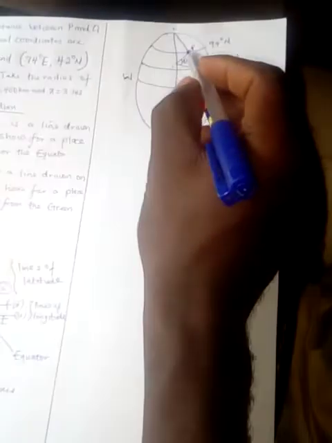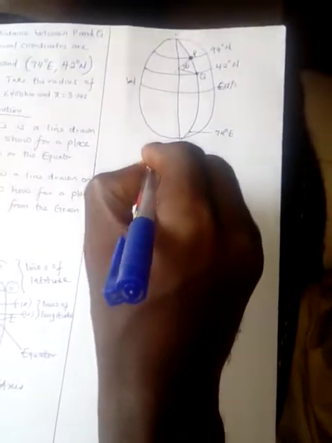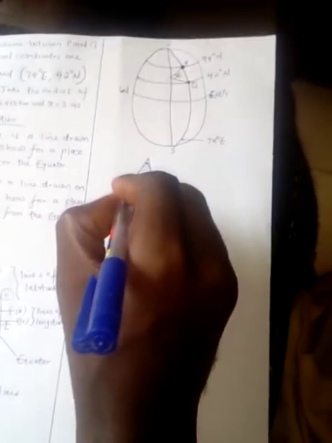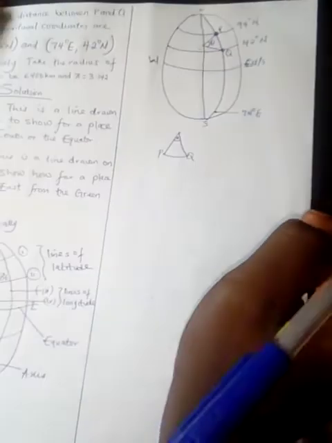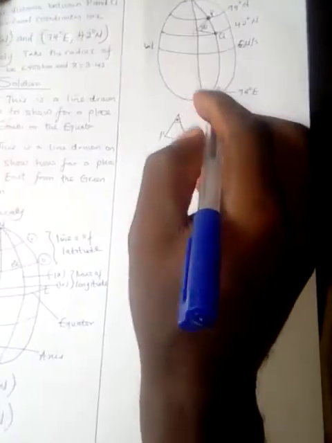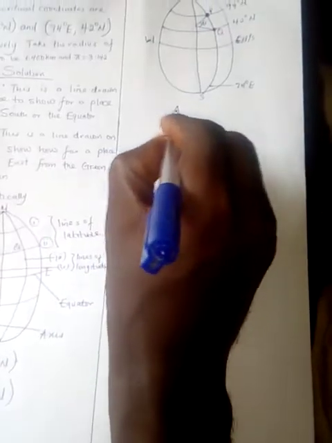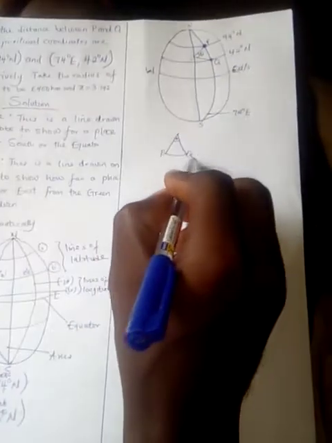So I can cut this out to have something like this, angle theta, then PQ. Having done this, I want to calculate the distance between P and Q.